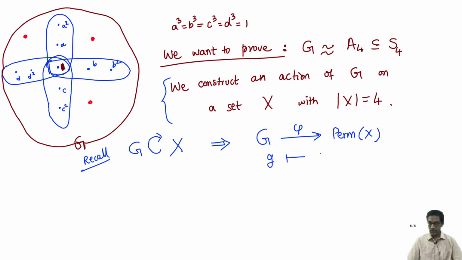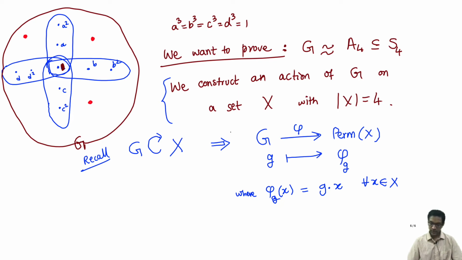Each group element g was mapped to a certain permutation called phi sub g, where phi sub g is a permutation of X, defined by phi sub g of x being g acting on x for all x in X. Okay. So phi is a group homomorphism.